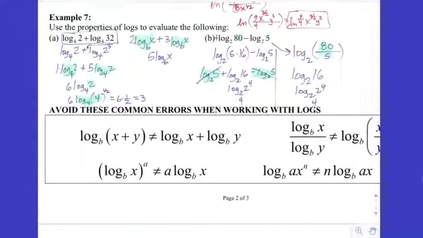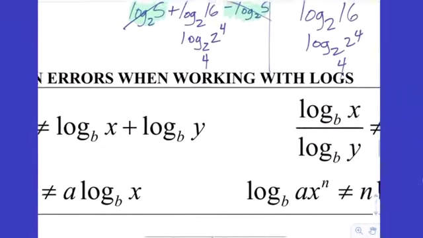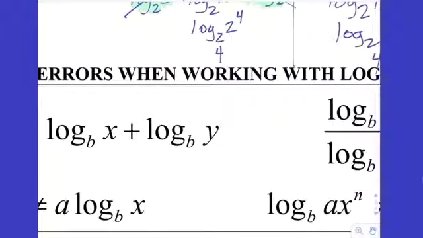I get that, right? Okay, so we'll do the top left one here, log base b of x plus y. If you have multiple terms in your argument, there is a tendency to want to distribute the log inside the argument. You cannot do that, okay? You can't just take the log of the first and add it to the log of the second. That does not work. And the reason it doesn't work is because the right side, which is log b of x plus log b of y, is equal to something else.